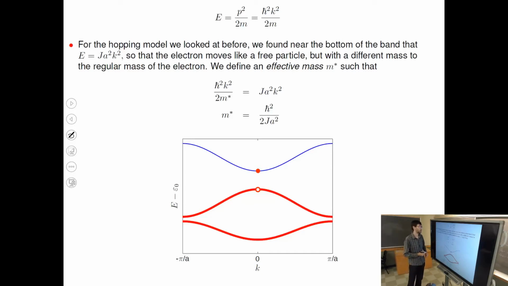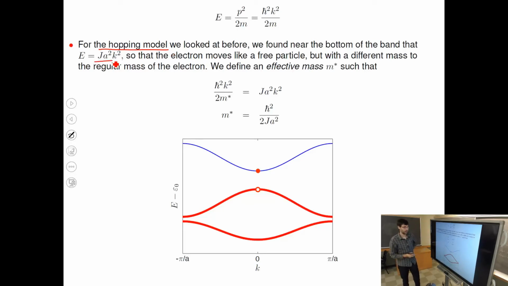But for example, what we did before was to take the hopping model, the tight binding model, where the parameter J is the hopping parameter, and we saw that the dispersion relation in that model close to the bottom of the band is a cosine function, but close to the bottom of the band, it can be expanded and be a quadratic function, and the prefactor in that is JA squared.